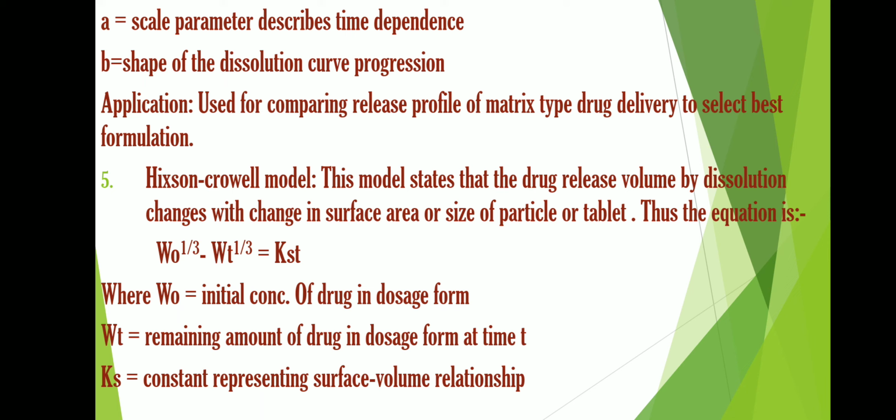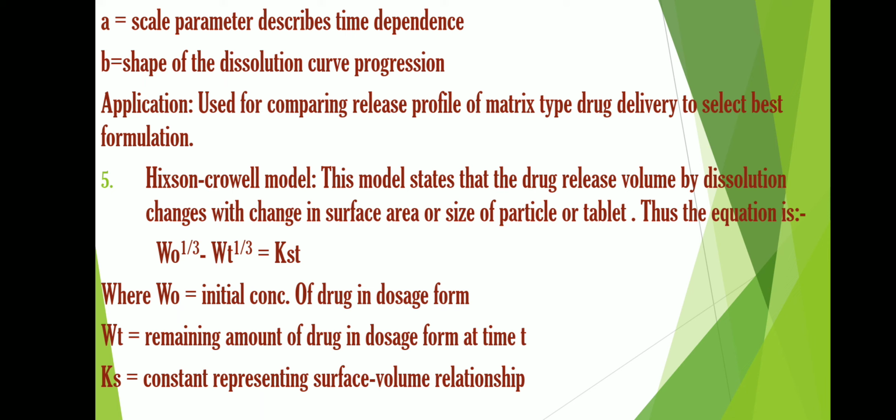Okay, it will dissolve at a high rate as the time progresses. Like at zero time, the release is little fast, and then at 10 minutes you will see a little more fast dissolution. Then at 20 minutes, more fast. After 30 minutes, more and more fast. Then after 30 minutes you will see that the concentration of the drug has reduced to 50%.